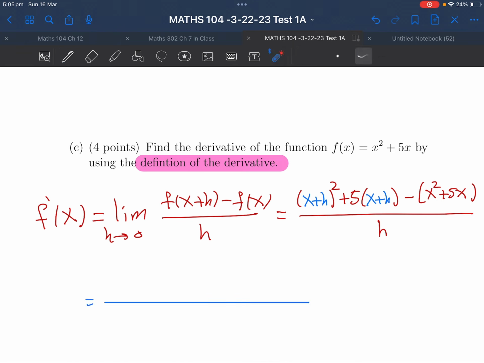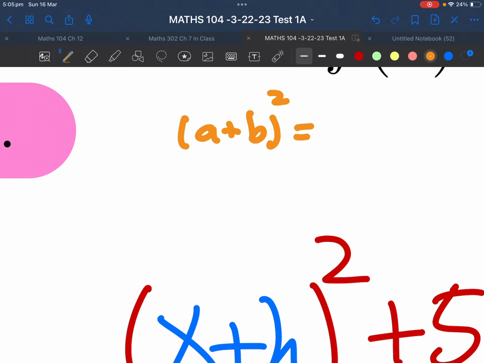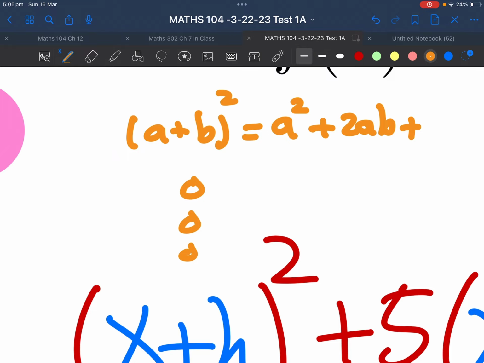So again, if you remember this formula, if we have a plus b squared, it says that we take the first one squared, plus 2 times the first times b, plus b squared. That's the formula.